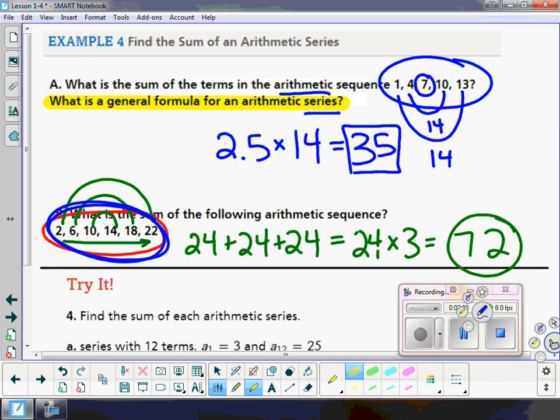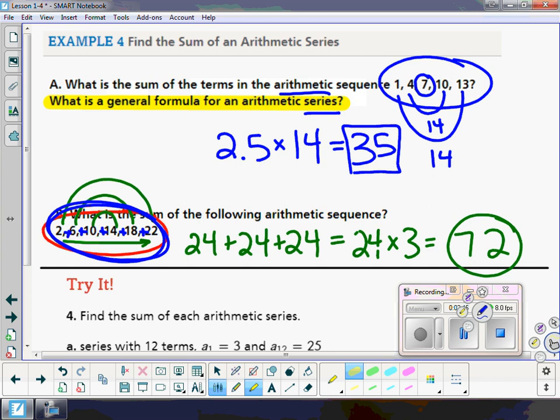So basically, the list 2, 6, 10, 14 is a sequence. Adding them is what makes it a series. That's the only difference between the two terms, sequence and series. So let's get to that formula.